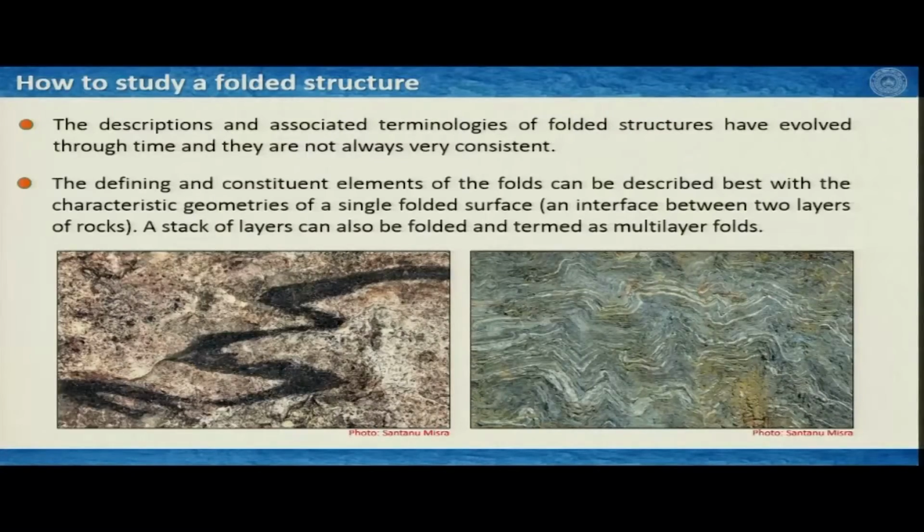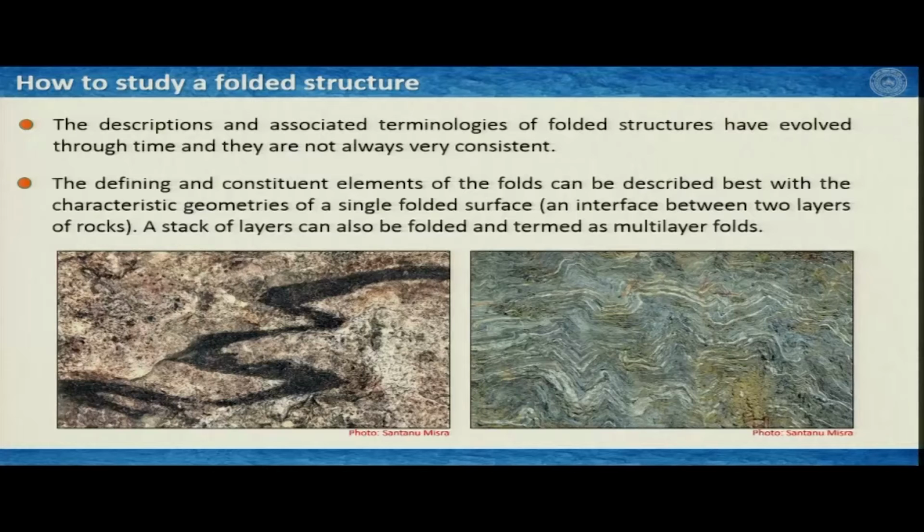Now, how to study a folded structure? So, if you see a fold, there are many ways you can study the folded structure, but as we discussed with the foliations, the descriptions and associated terminologies of folded structures also have evolved through time, and sometimes the terminologies or their descriptions are not always very consistent.